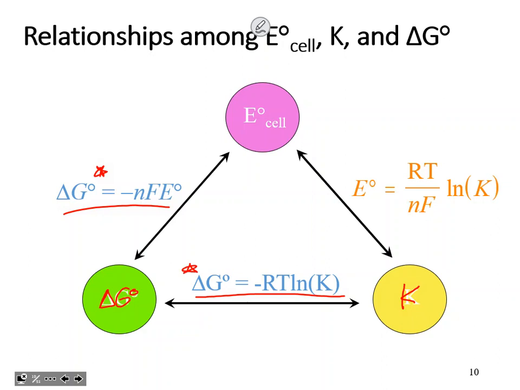Delta G equals negative NF E goes between E cell and delta G. This one goes between K and delta G. And then the one we just derived, this one's not on the formula sheet, goes between E cell and K. You might want to utilize it so you can easily figure that out, or memorize it if you so want to.